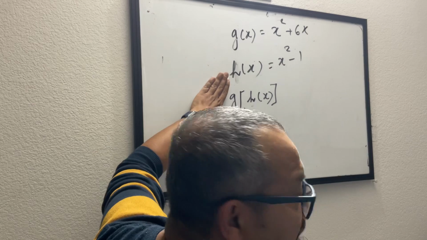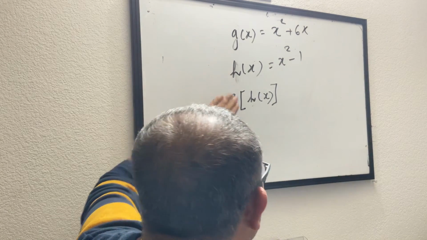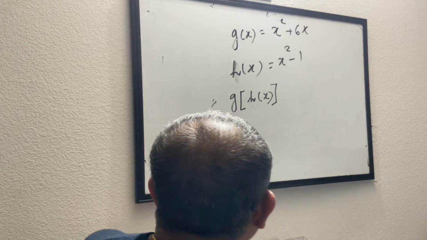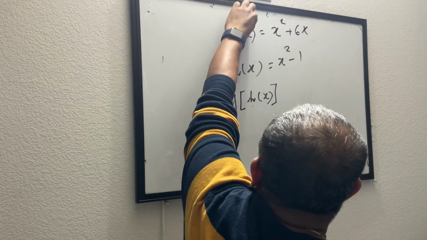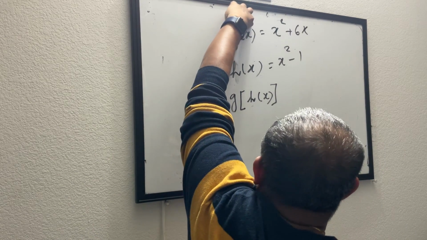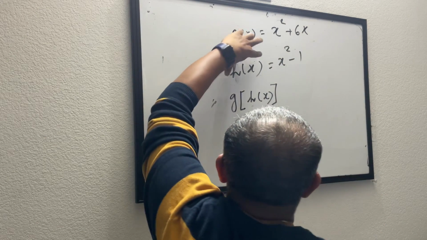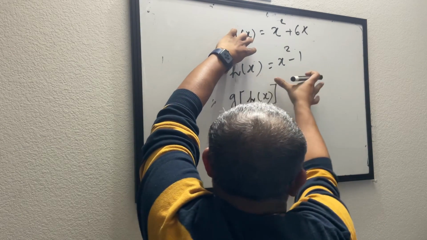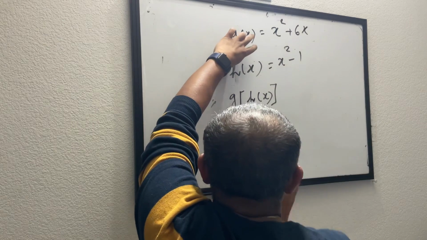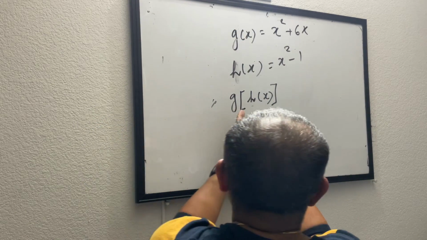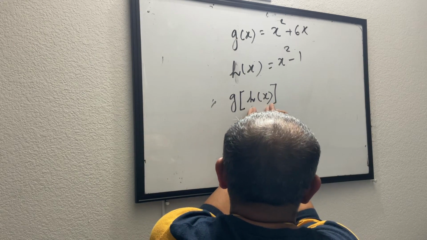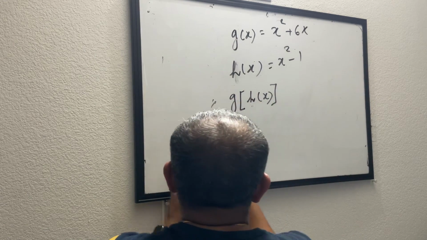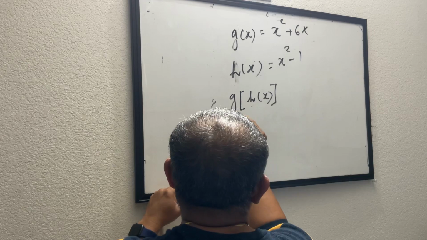We have been asked to compose the functions and find out what g of h of x is. In layman's terms, this is the input, this is the output, based on this rule. Now let's see. If I have to find g of something, let's first see what is going in as the input to this g. So I will keep g out of the equation for now.